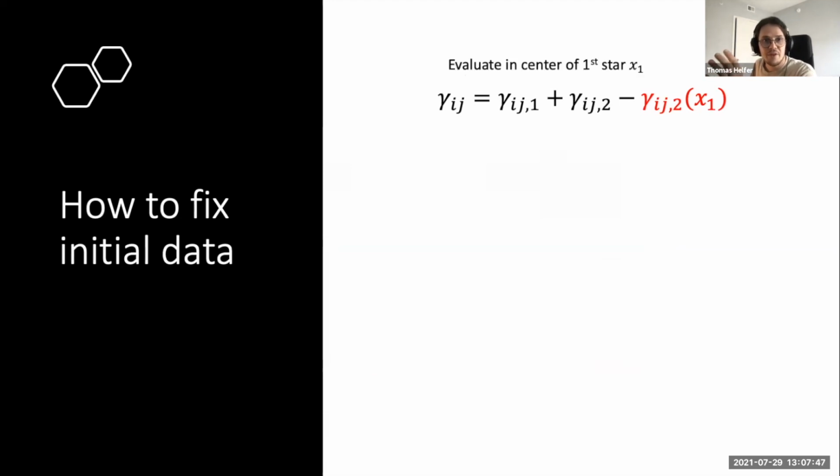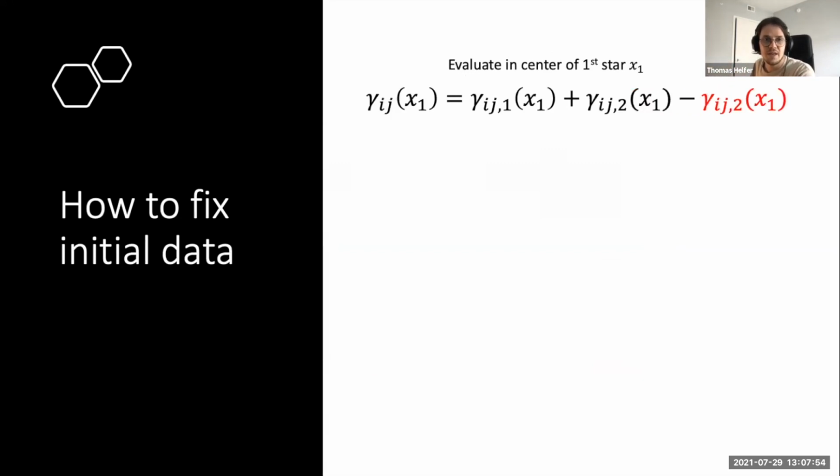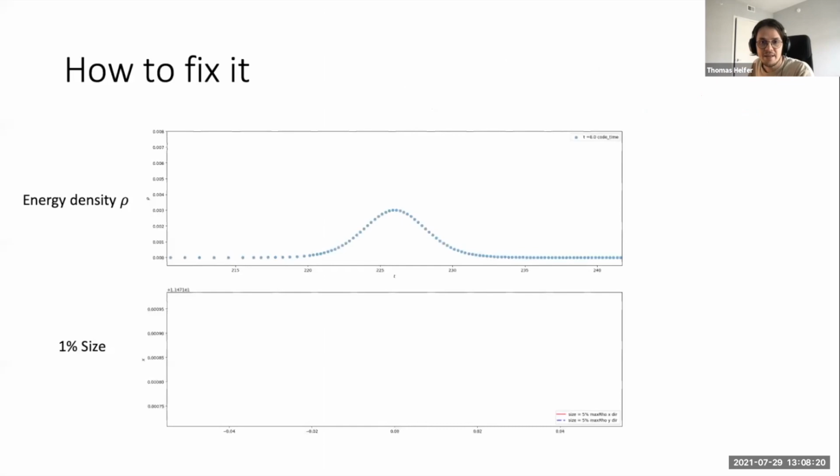If I evaluate the whole expression in the center of the first star, and I should point out this idea only works for equal mass, you can see that this cancels. So what we retain in the center of the star is the same metric as the single star. Whatever squeezing happened before, we try to remove by reconstructing a single star metric as well as possible. We implemented this, and how does this look?